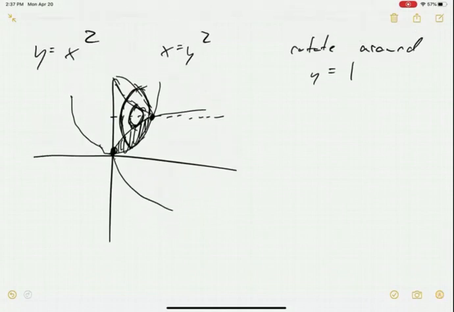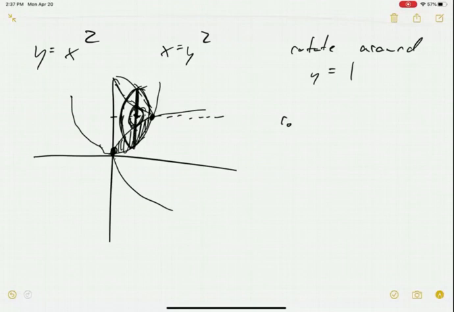So what's our outer radius? Again, I'm measuring from the line I'm rotating around, which in this case is the line y equals 1. It's the distance from y equals 1 to this curve, or I could also measure it, which might be easier, from the line I'm rotating around down to this curve.